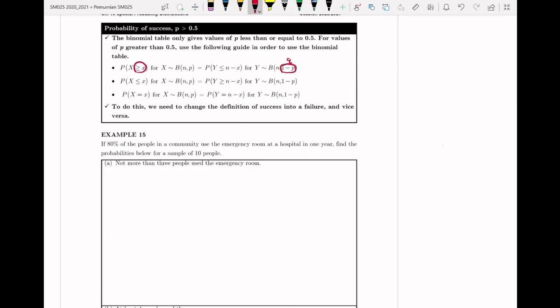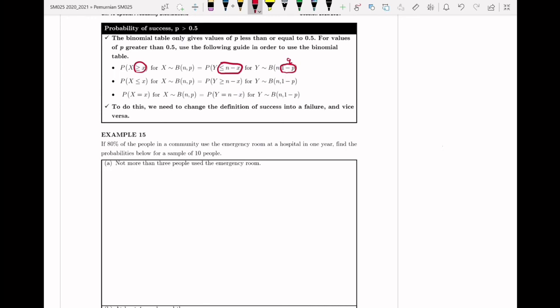Y is still a binomial distribution, but we use the probability q, which is 1 minus p. So if we have X greater than or equal to x, we need to change it to Y less than or equal to n minus x. We can see that the inequality sign changes from greater than or equal to, to less than or equal to.